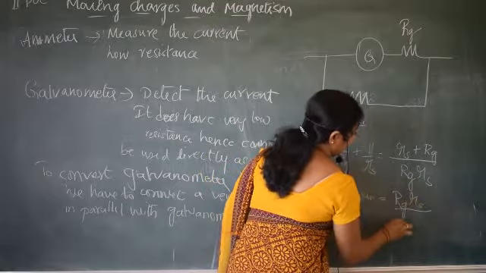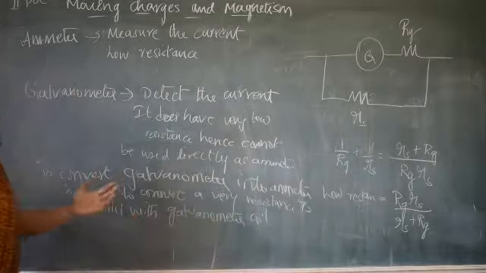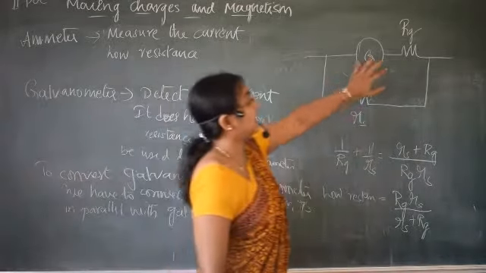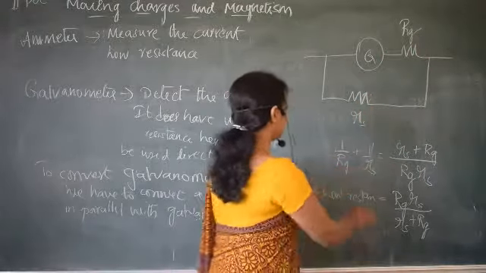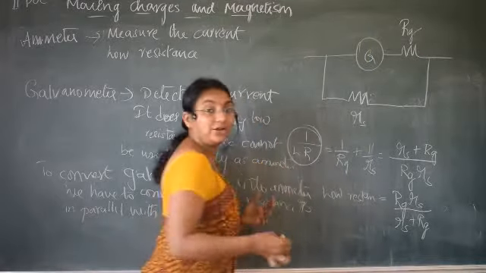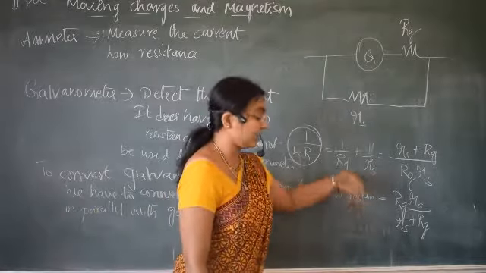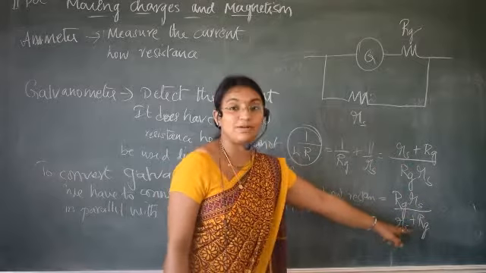Correct? Because 1 by R is equal to 1 by R1 plus 1 by R2, and so on. Here 1 by R is 1 by the low resistance, whose value we don't know, so we are calculating it like this. So the lower resistance is the inverse of this, that is Rg Rs divided by Rs plus Rg.